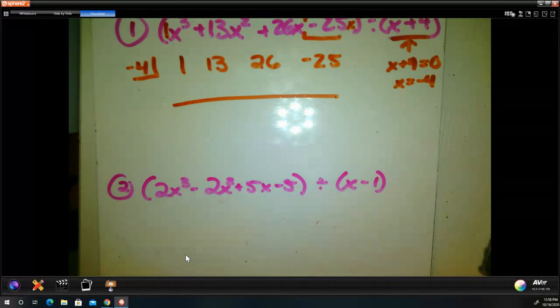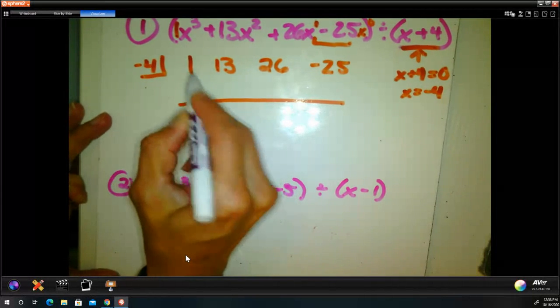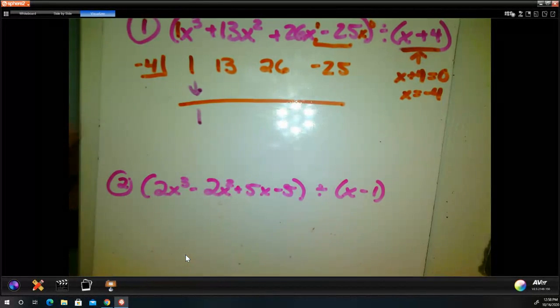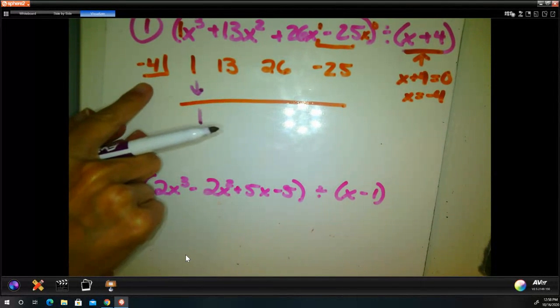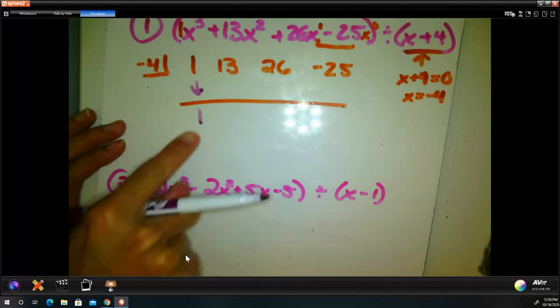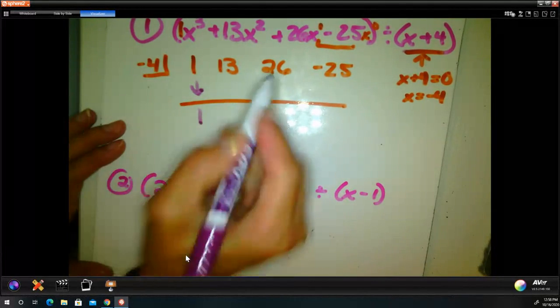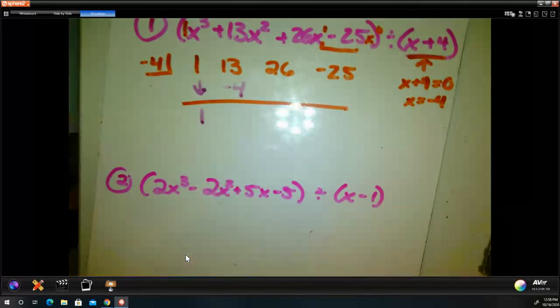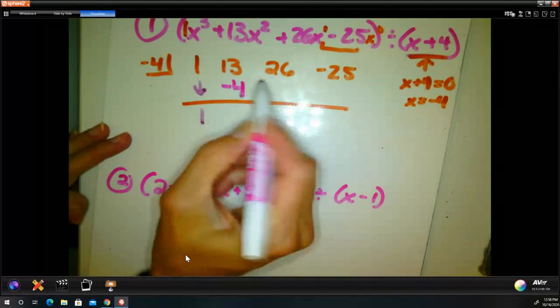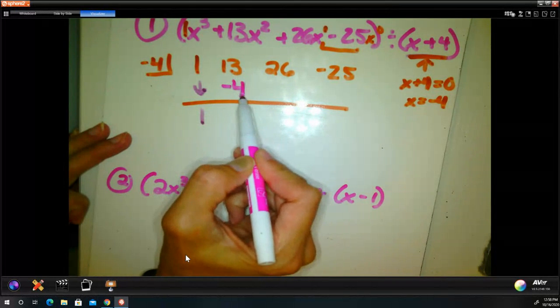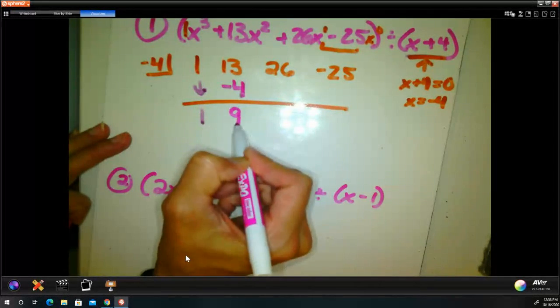So step 4 says, bring the first coefficient down. So 1 comes down. After this, it's going to go pretty fast because we're just going to multiply, add, repeat. So this box is what I multiply by. So I'm going to do 1 times negative 4, and then I just want to add those. So 13 minus 4 is 9.